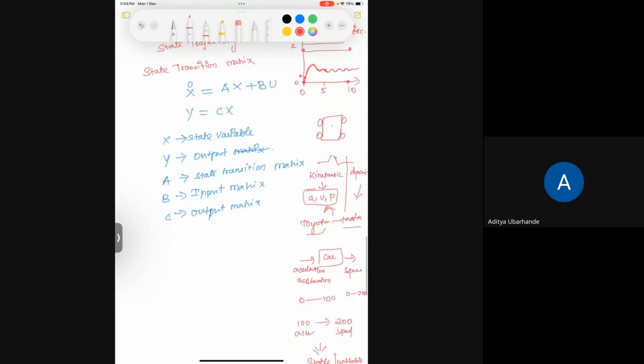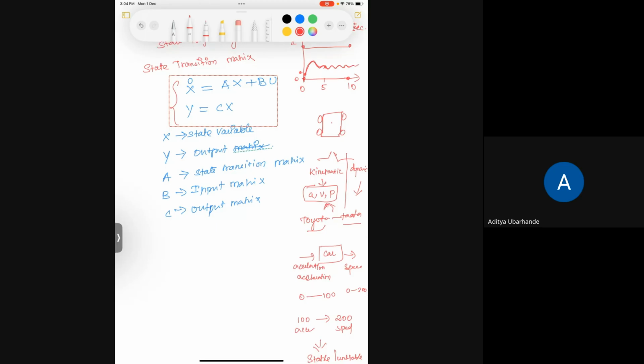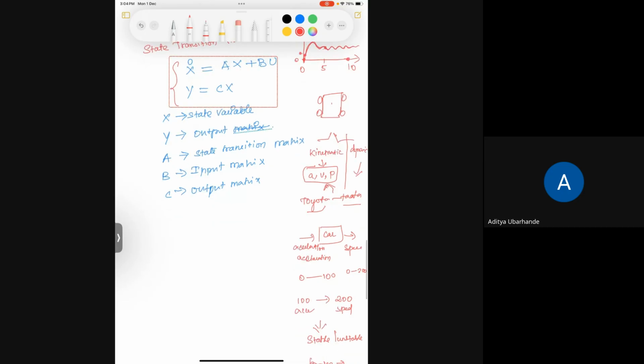Right. So these are all the representations. This is how we represent a system in terms of state space, where I will individually explain what each matrix is. Let us take A. A is called the system matrix or state transition matrix. We will use these interchangeably, and this tells the natural dynamics of the system.